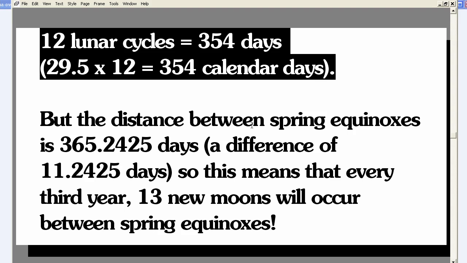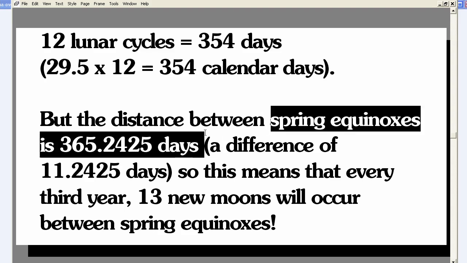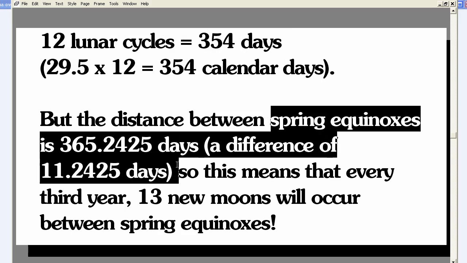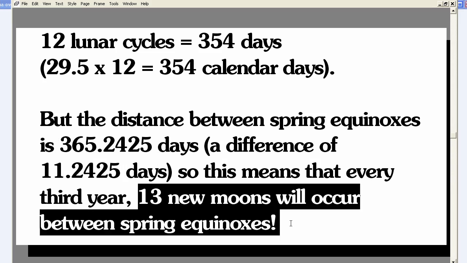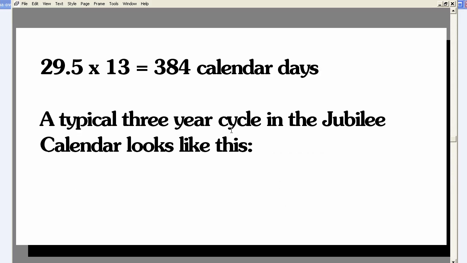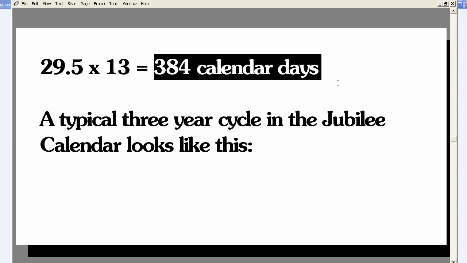Here's the problem. 12 lunar cycles, that is 29.5 times 12, equals 354 calendar days. But the distance between spring equinoxes is 365.25 days, a difference of about 11.25 days. So this means that every third year, 13 new moons will occur between spring equinoxes, and that brings us to 384 calendar days.